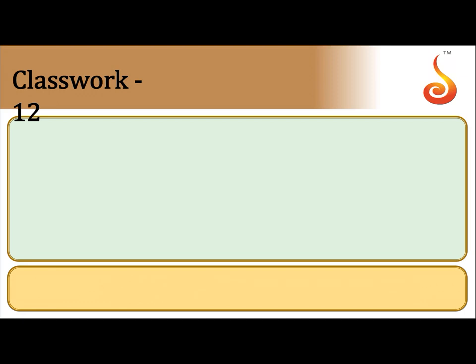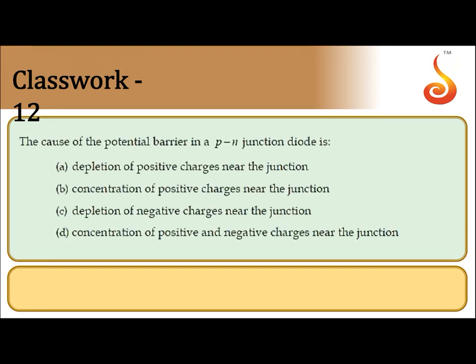Moving further, the cause of potential barrier in a PN junction is: depletion of positive charges near the junction, concentration of positive charges near the junction, depletion of negative charges near the junction, concentration of positive and negative charges near the junction.